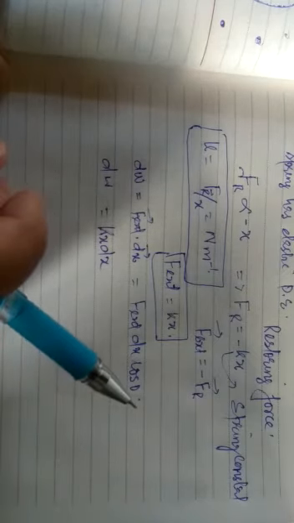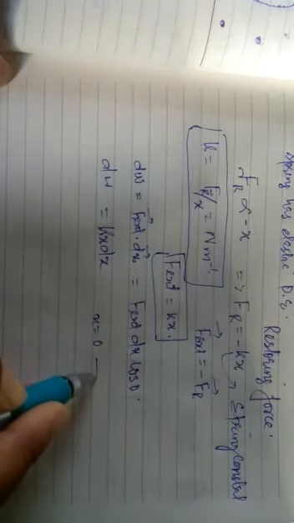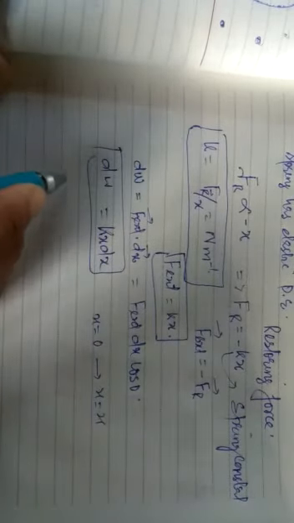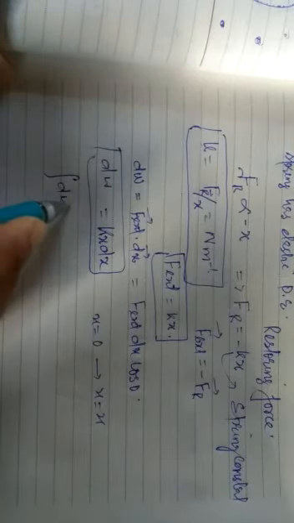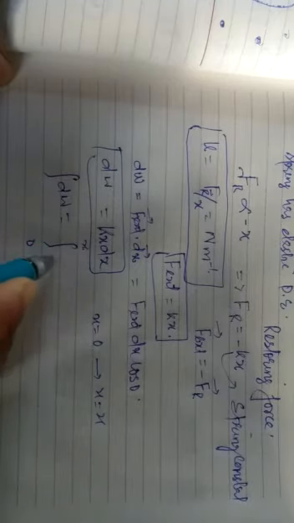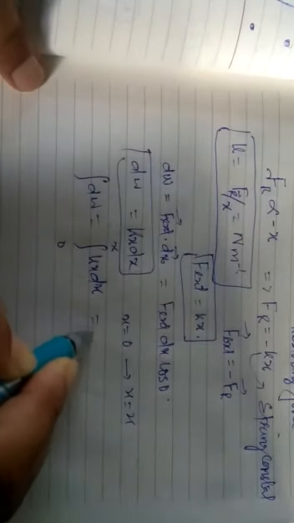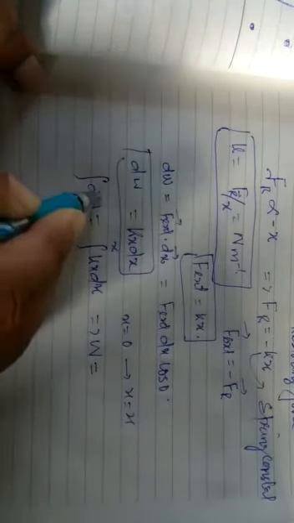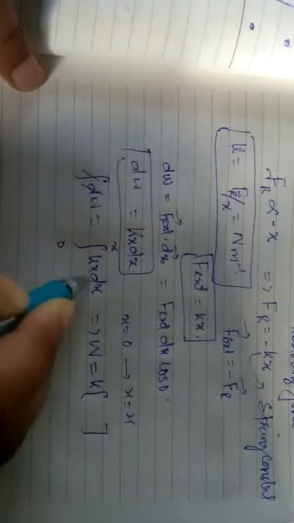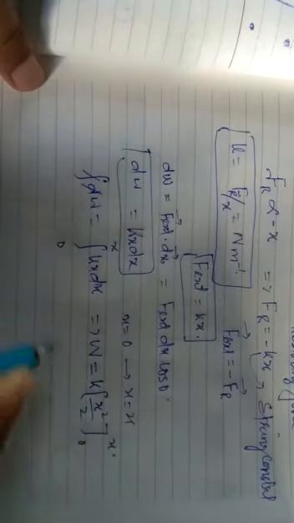But as we know, the spring is displaced from x equals 0 to x equals x. So we have to integrate this equation to find the whole work. Integral of dW equals integral from 0 to x of kx dx, which implies W equals k, as it is constant, times the integral of x, which is x squared by 2, from 0 to x.